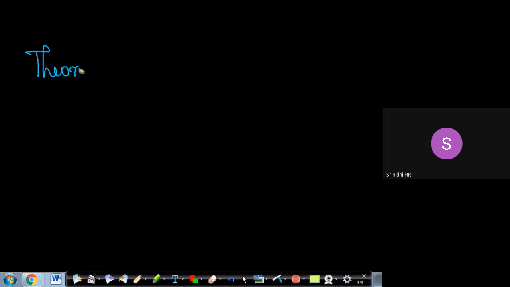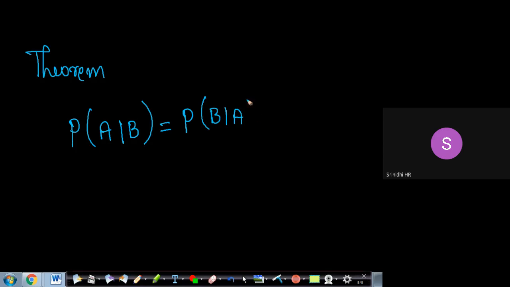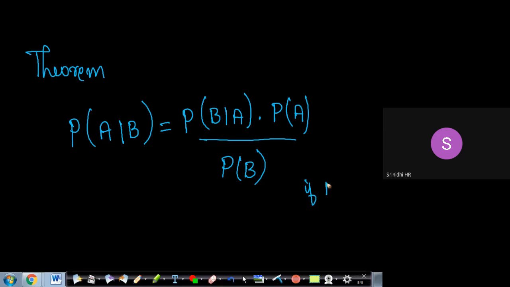Probability of A given B is equal to probability of B given A into probability of A divided by probability of B, if probability of B is not equal to 0. This is the condition. Please remember, this is your Bayes theorem.